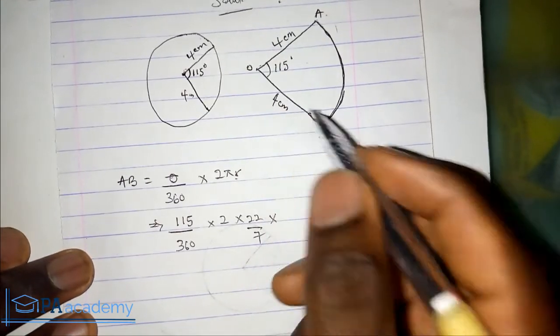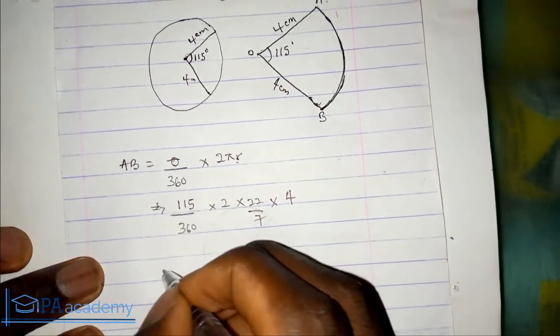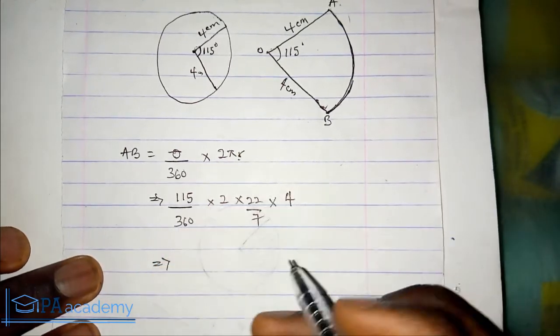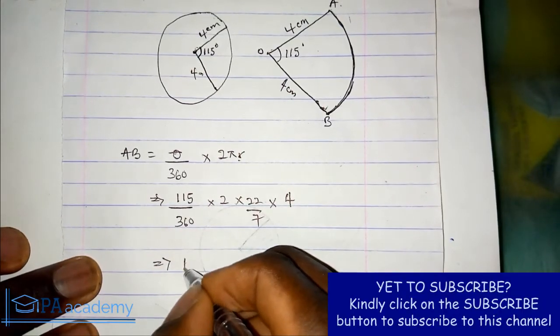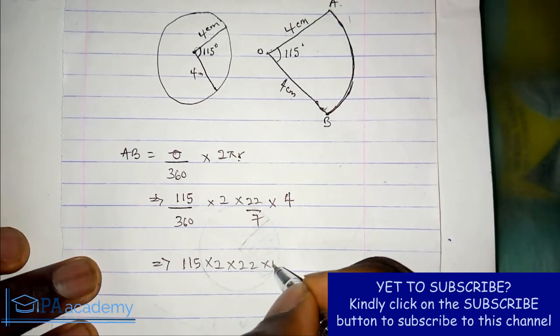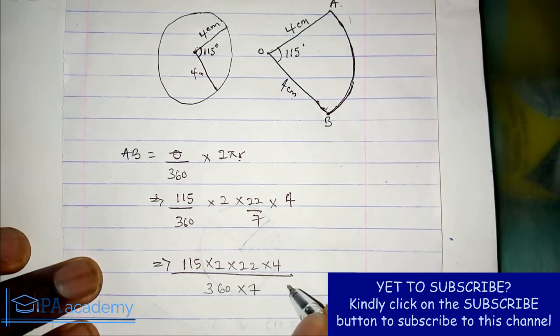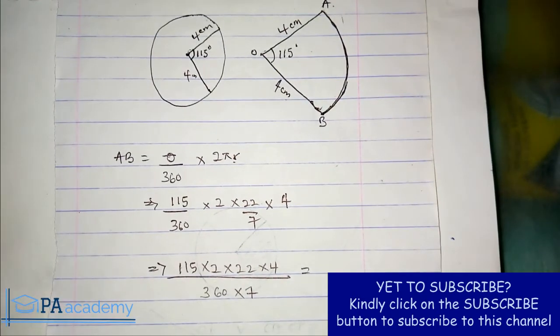Our radius is 4 centimeters. We can also rewrite this as 115 times 2 times 22 times 4 over 360 times 7.